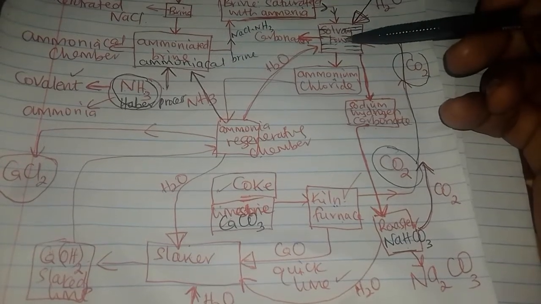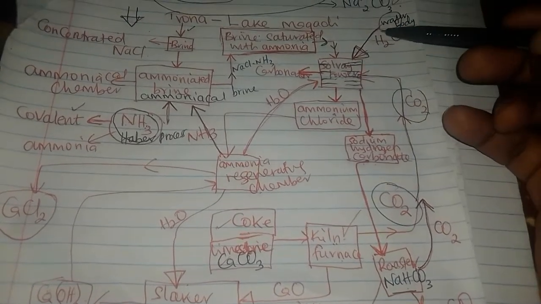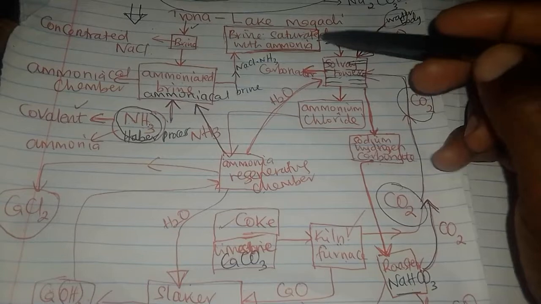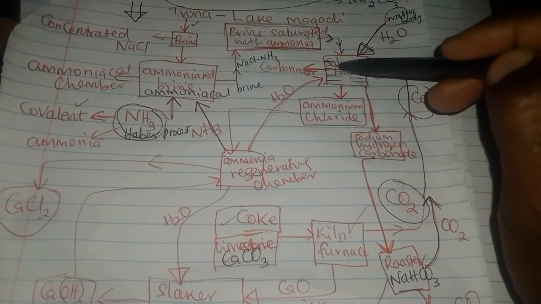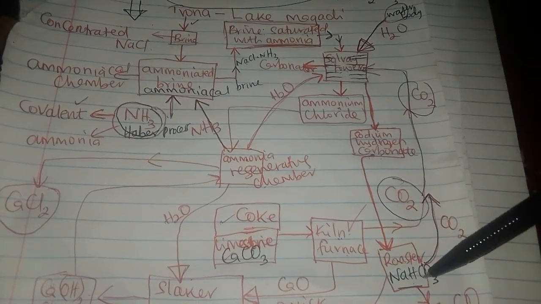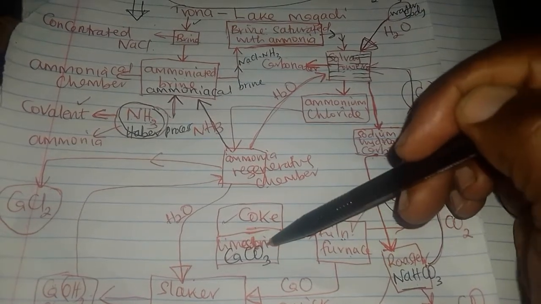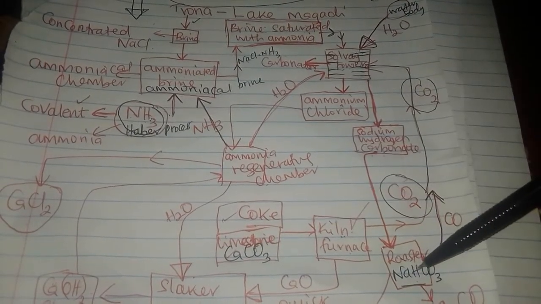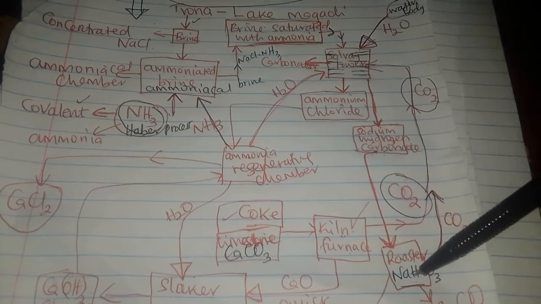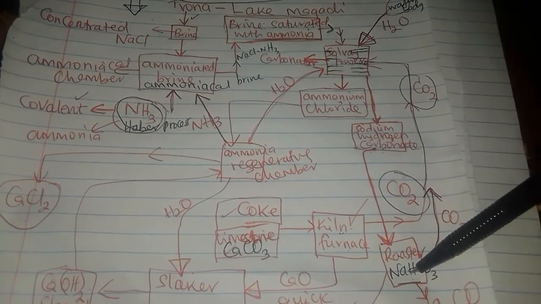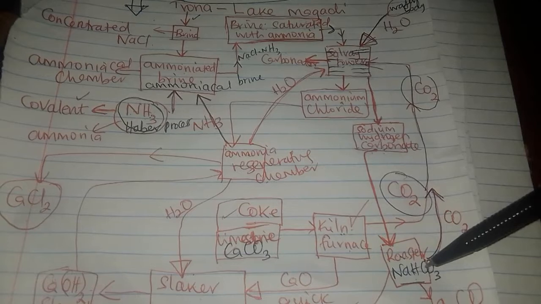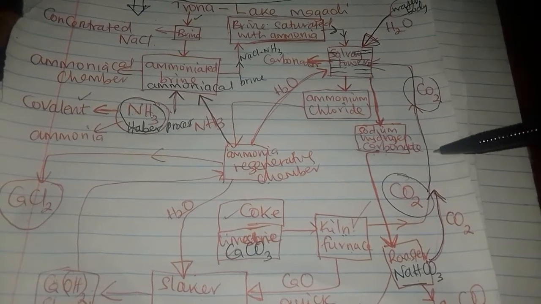So three things are getting introduced here. We have the water from the water body. We have brine saturated with ammonia. Then we have carbon dioxide from the kiln where limestone gets decomposed, or from the roaster where bicarbonate of soda or baking soda undergoes decomposition.